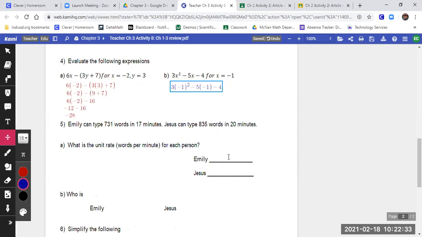Okay, does this problem have a parentheses in it? What did I say? Parentheses have to have adding and subtracting in them, inside the parentheses.